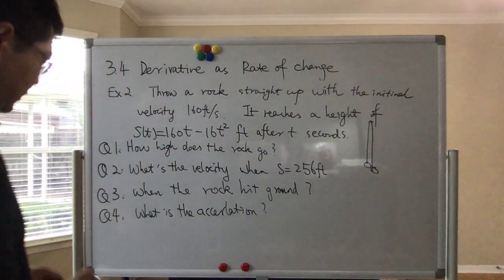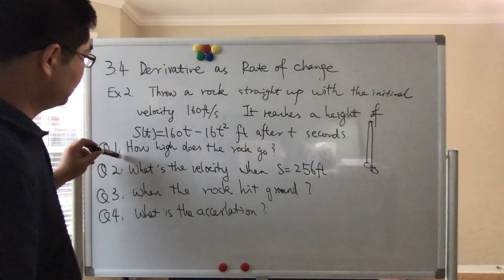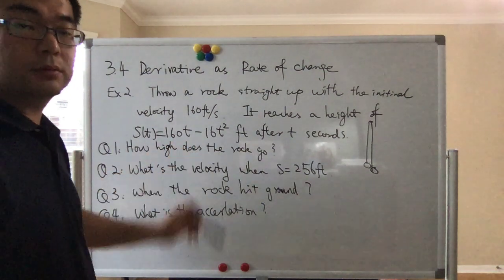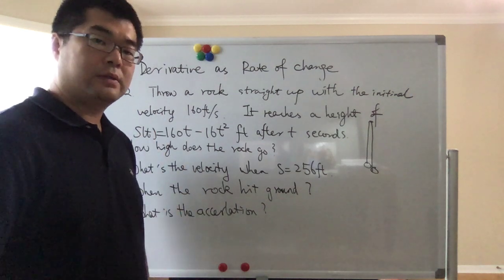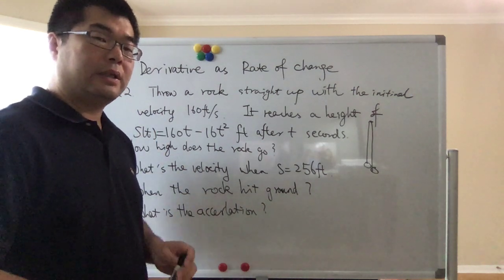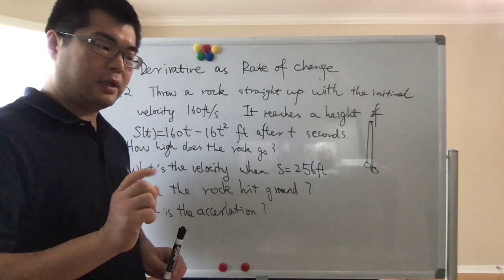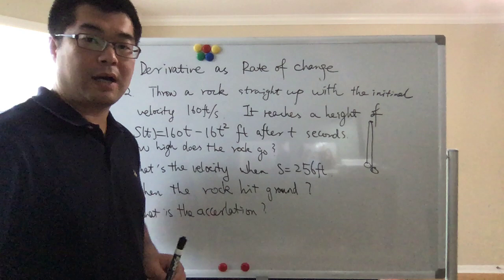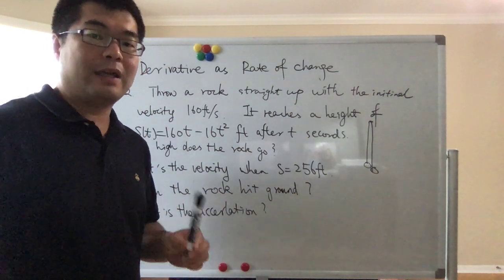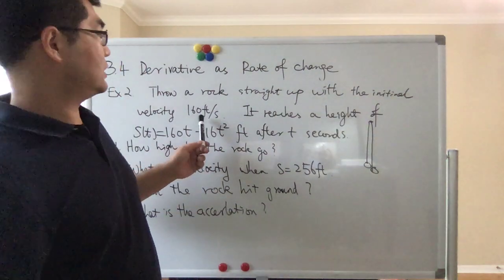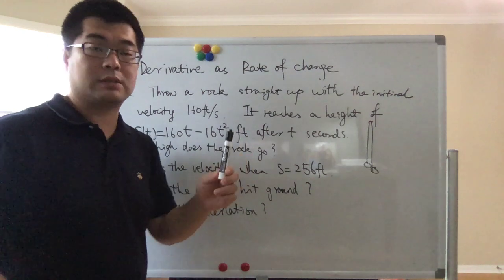So here is the question. Question one: how high does the rock go? Think about this, guys. When I throw a rock, going up the velocity is positive, and going down the velocity is negative. I have an initial velocity of 160 feet per second, that is going up, so it's positive.